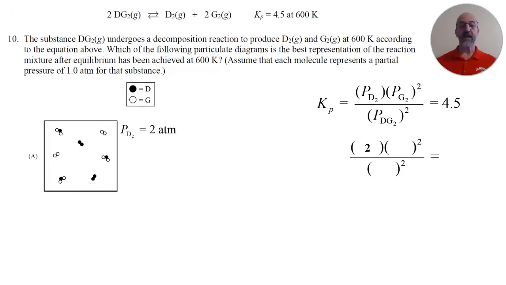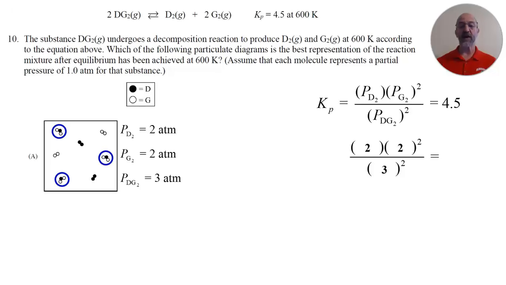Moving on to the substance G2, I see 2 particles of substance G2, so it also has a partial pressure of 2 atmospheres. I substitute the 2 into that expression. And then finally, for substance DG2, I see 3 particles, which corresponds to a partial pressure of 3 atmospheres. So that's where the 3 goes in the denominator of my expression.